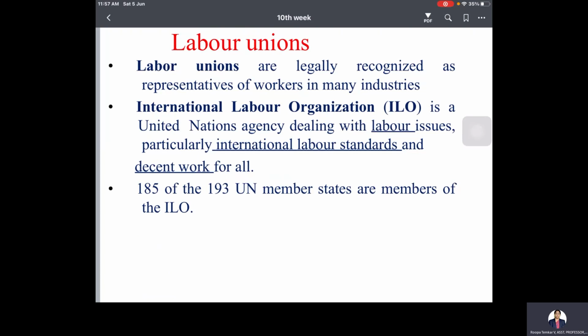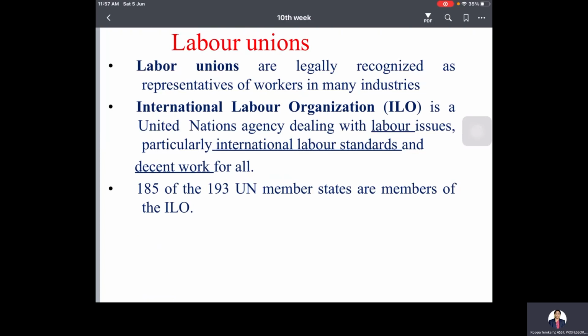Sharon Burrow is the current General Secretary of the ITUC, and the ITUC traces its origins back to the First International, also known as the International Working Men's Association. In 2014 it will commemorate the 150th anniversary of the founding of the International Working Men's Association at its own World Congress to be held in Berlin.